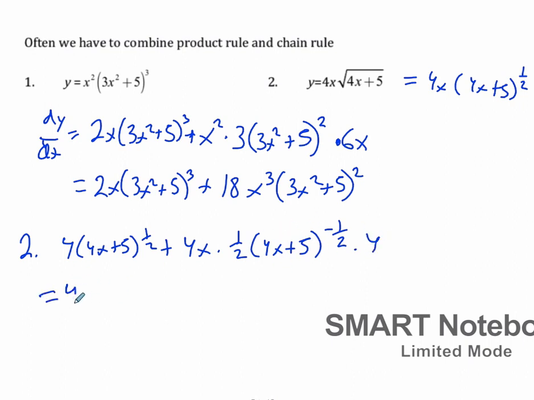So let me simplify that as 4 root (4x plus 5), plus, I've got 4 times half is 2, times 4 is 8x, and this I can write in the denominator as root (4x plus 5).